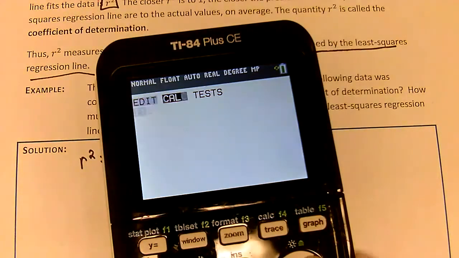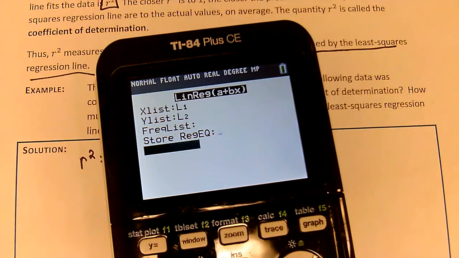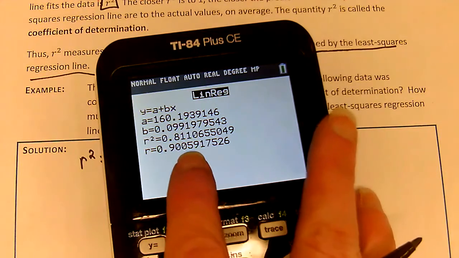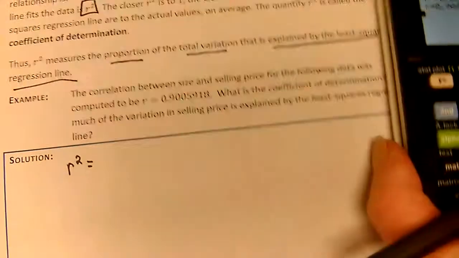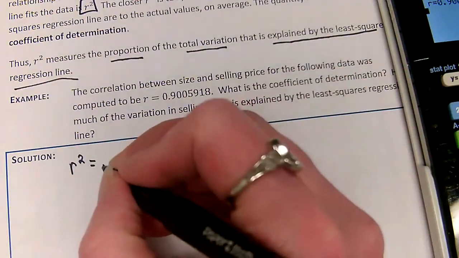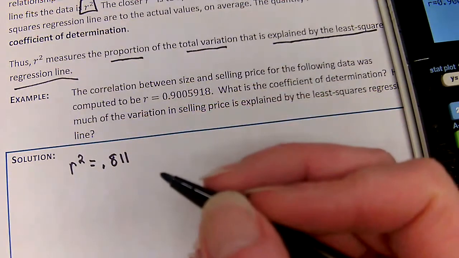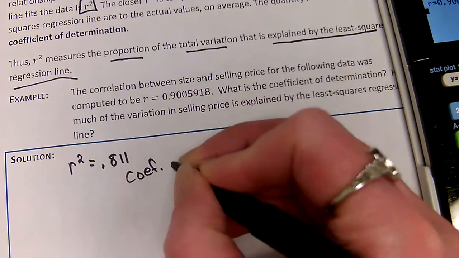So when I went in here and did my linear regression, it gave me R, but it also gave me R squared. R squared is 0.811. What this means, this is the coefficient of determination.